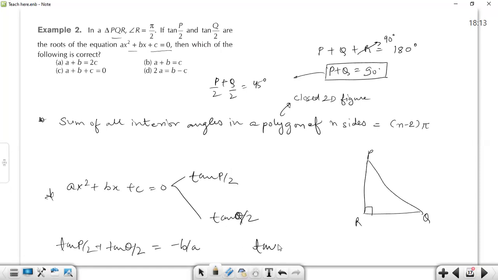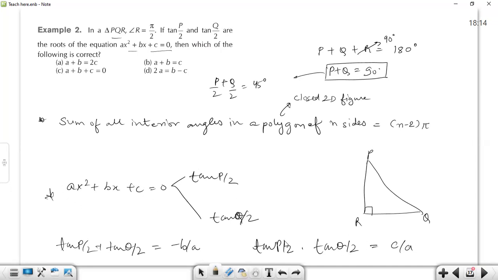Sorry, if we multiply these two roots, what will be its relation with the coefficients? What is the product of roots? What is alpha into beta? C by A. Yes. Alpha, beta are roots. So simply when we multiply two roots, it will be C by A.